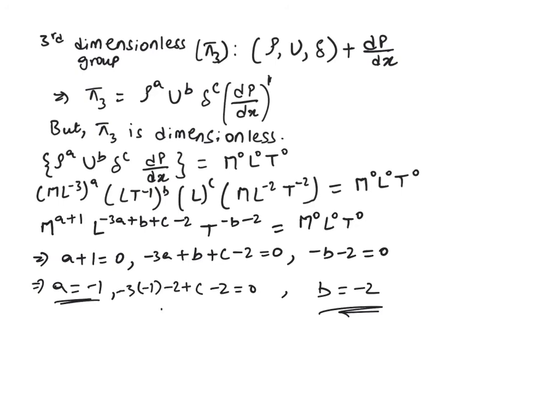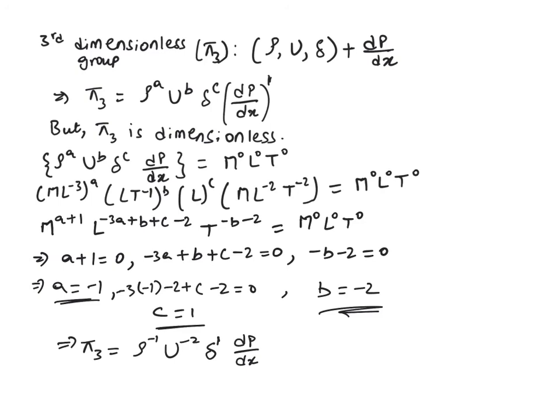So that will give c as 1, which implies, since we have all three powers, we can write pi 3 as rho to the power of a, which is minus 1, u to the power of b, which is minus 2, delta to the power of c, which is 1, dp by dx whole raised to the power of 1.